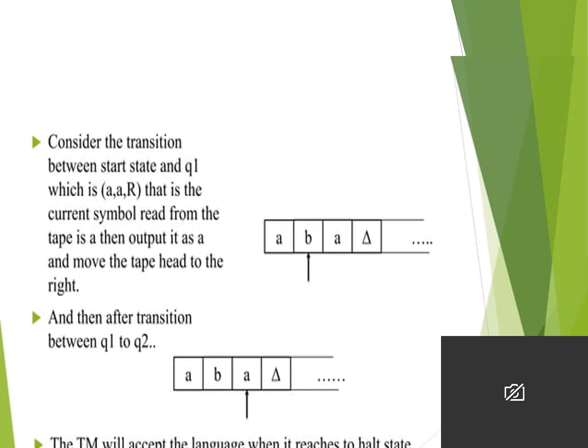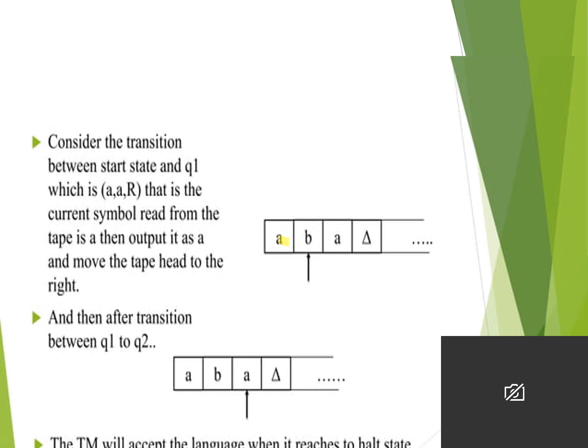In a step-by-step representation of the same example, we construct the Turing machine for the input string ABA. Here the start state is Q1. If you are given the input A, no need to change anything, keep the A like that and move on to the next state Q2.